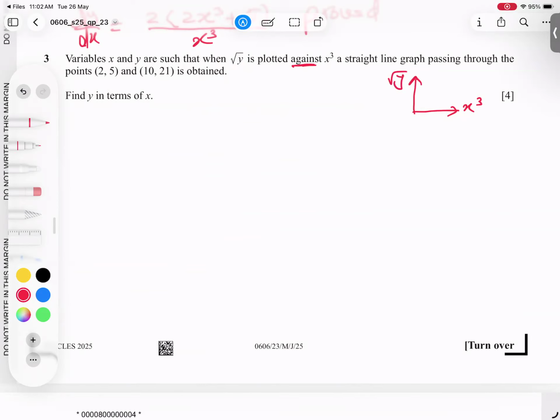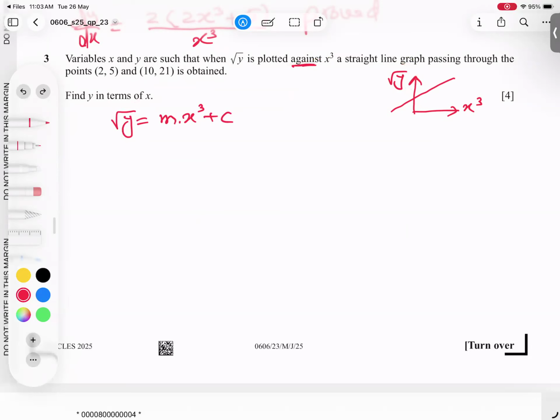So according to the question, we have this against this. So when we make the formula, root y equals m times 2x cubed plus c. I repeat, what is along the y-axis will come here, and what is along the x-axis will come here.